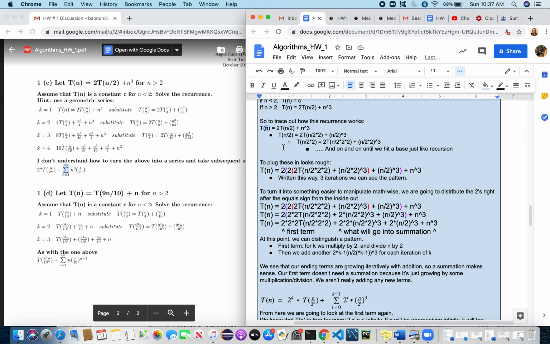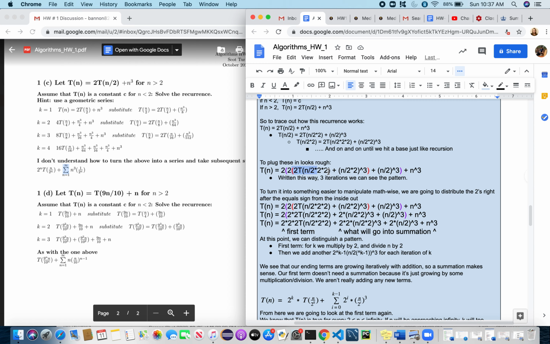It's the same concept. 3 deeper into the rabbit hole of, okay, well then what does t of n over 2 to the third mean? So k equals 3. And this is what we have.